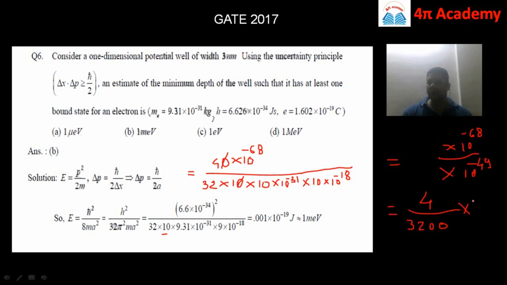into 10 raised to power minus 49. If I transfer this minus 49 in the numerator, then it will be minus 90.